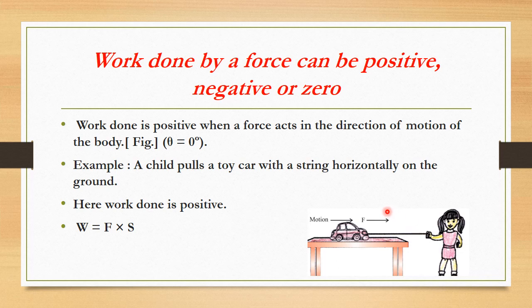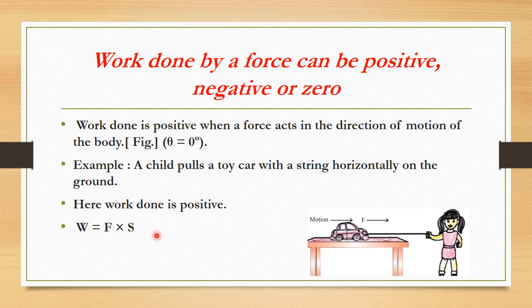Here you can see that both force and motion are in the same direction. If both force and motion are in the same direction, here the work done is positive. Work done is positive means when the force acts in the direction of motion, or when the force and displacement are in the same direction.